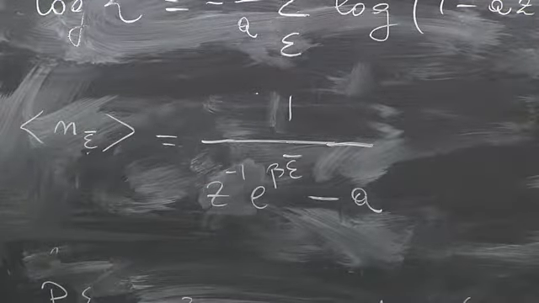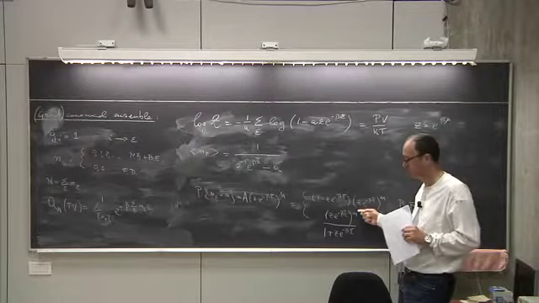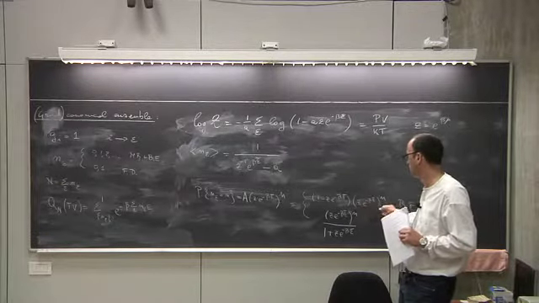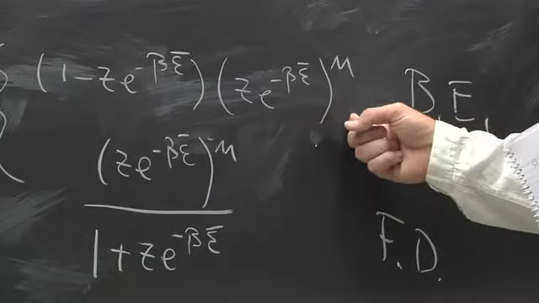In order to compute it in this case, you just have to multiply by n and sum over n. And you use the usual trick.